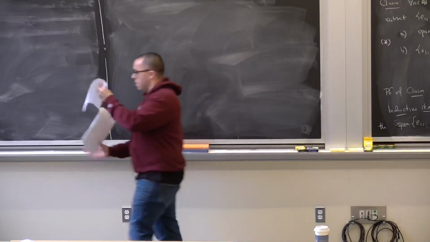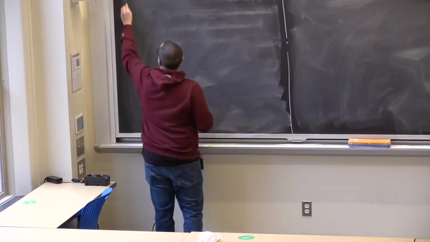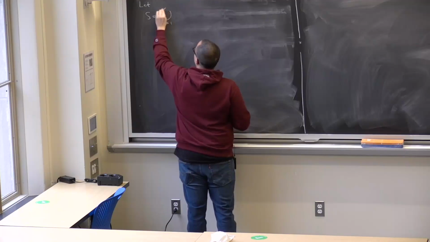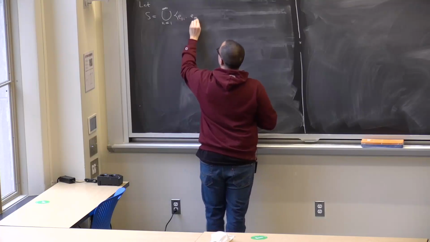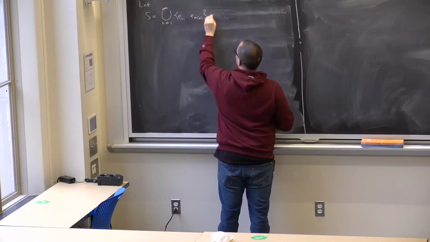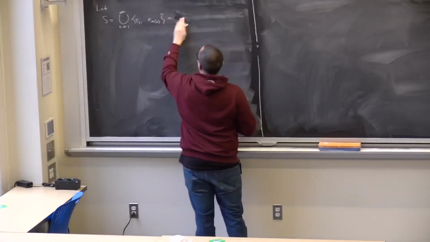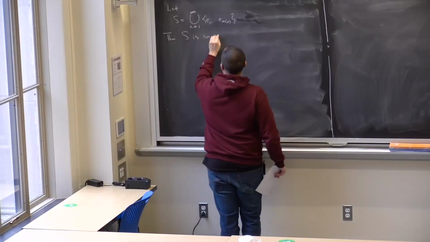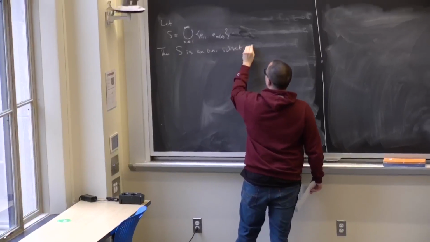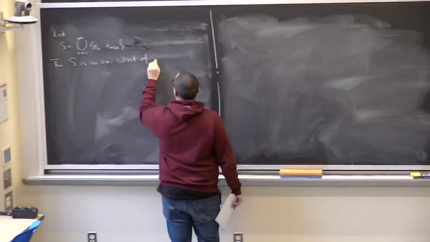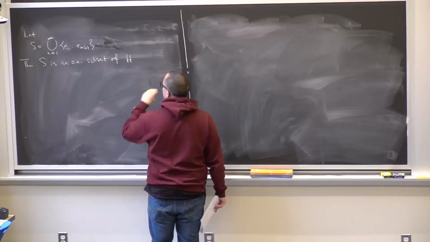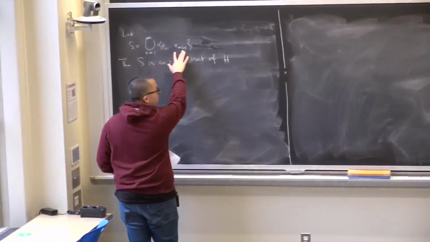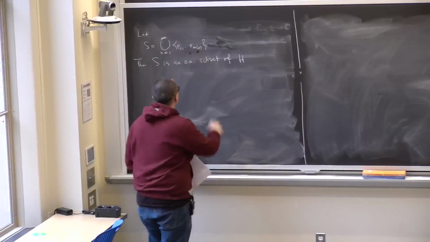So we let S be the set of E sub n, and S is an orthonormal subset of H. So eventually, I may not be adding any more vectors after a certain point, and therefore just have a finite collection.